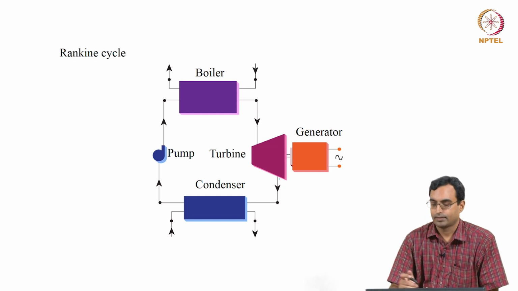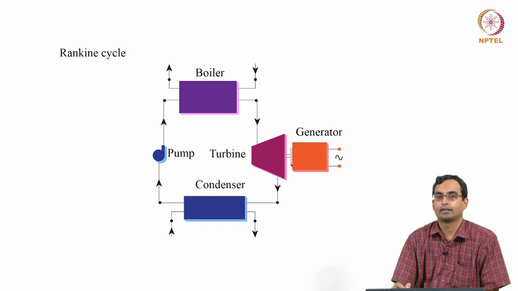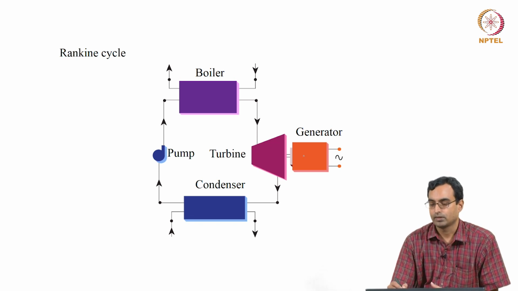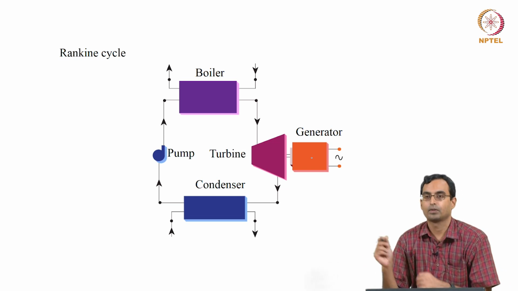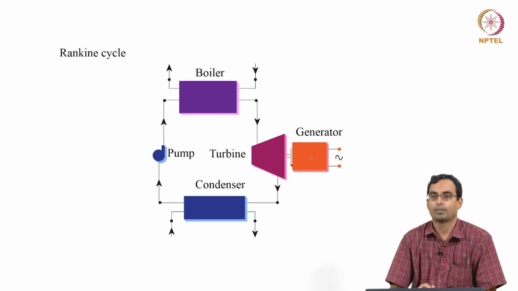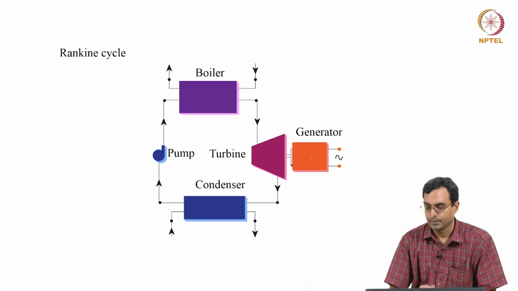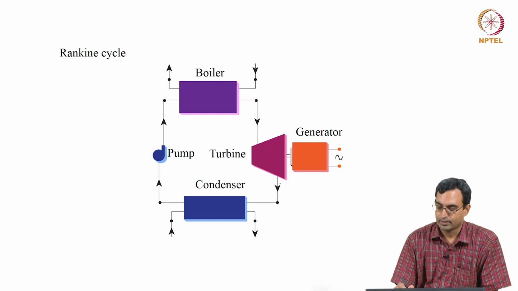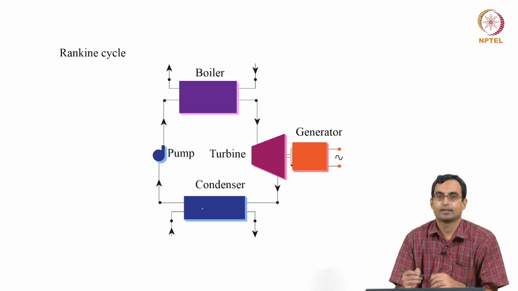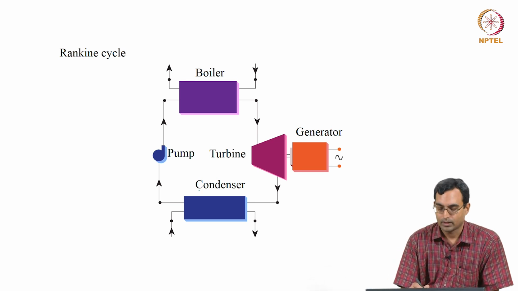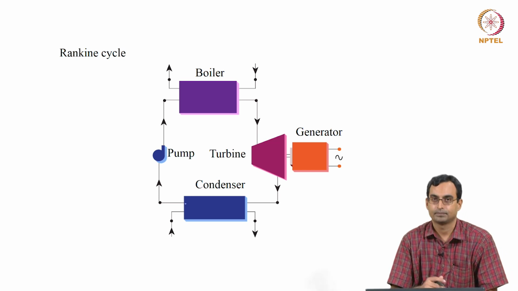So, the steam loses energy and enthalpy while going from this state here to this state over here, and that energy and enthalpy is used to drive a generator which then produces electricity, which we can transport over long distances and use to power the lights and the fans which are around and any other equipment which we have. And this low pressure, low temperature steam is then sent into a condenser which condenses the steam into water, and this water is at low pressure. It is sent back to the pump and this whole thing goes on in a cycle.